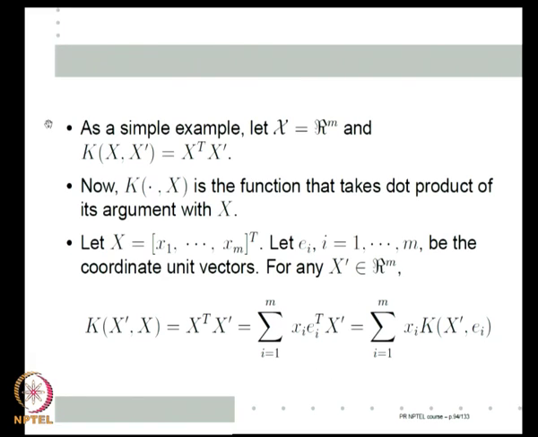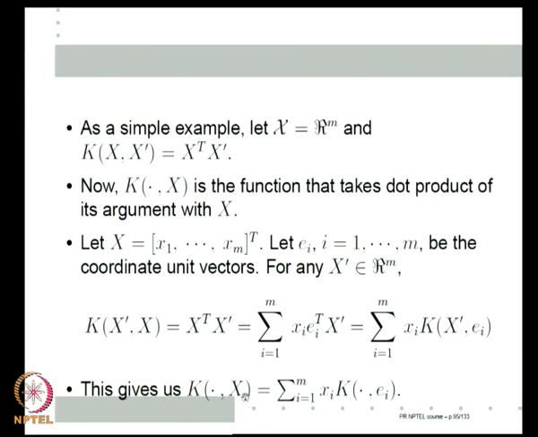Now, by definition of kernel, e_i^T x' is nothing but K(x', e_i) or K(e_i, x'), it does not matter whichever way I write. So, K(x', x) is nothing but the summation over i = 1 to m of x_i K(x', e_i). What does that mean? K(·, x) is the sum over i = 1 to m of x_i K(·, e_i).